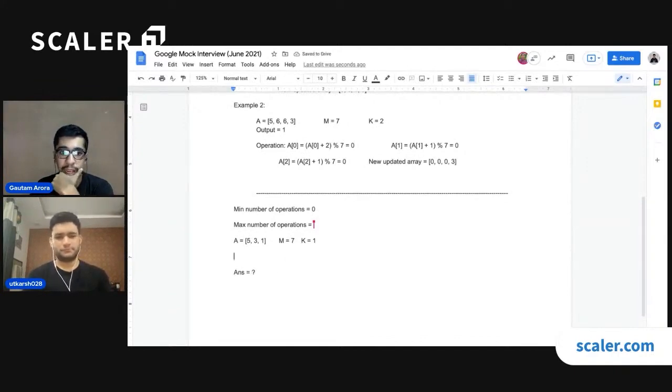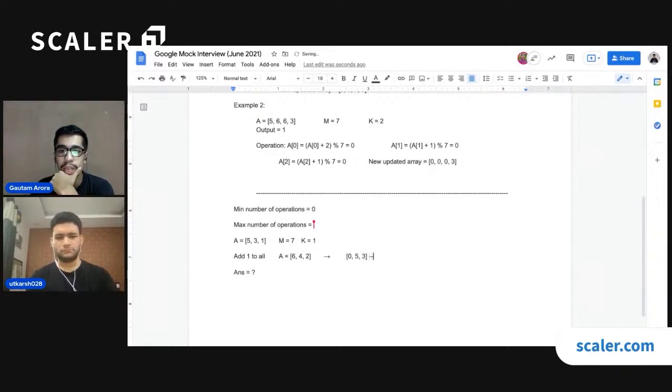What I can do is add 1 to the first element, and it will become 6, 3. I can add 1 to each and every element so that it gets close to m minus 1, so I'll get 6, then 4, and then 2. Now I'll again add 1 to each and every element. It will become 0, 5, and 3.